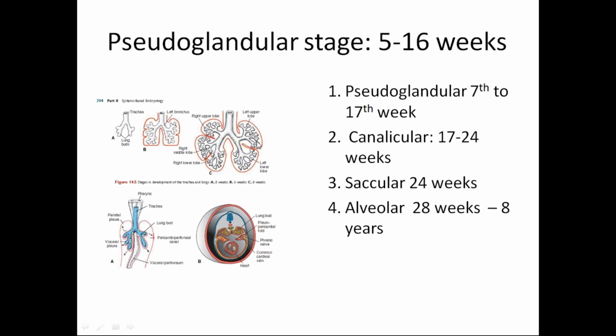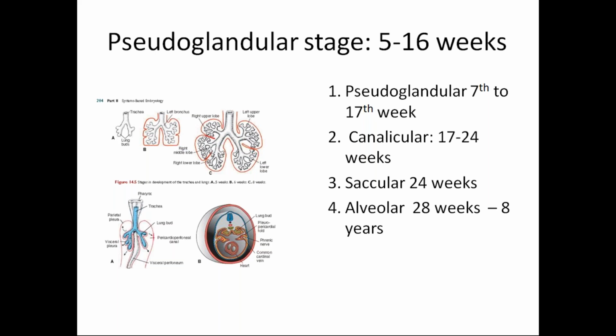These divisions give an appearance of a gland, but they're not actually a gland. Since they look like a gland, it's called the pseudoglandular phase, in which these dilatations are formed. So it's called the pseudoglandular stage from the 5th, or we say 7th, to the 17th week, around 4 months.